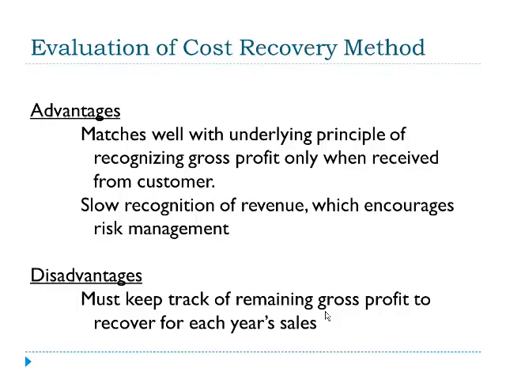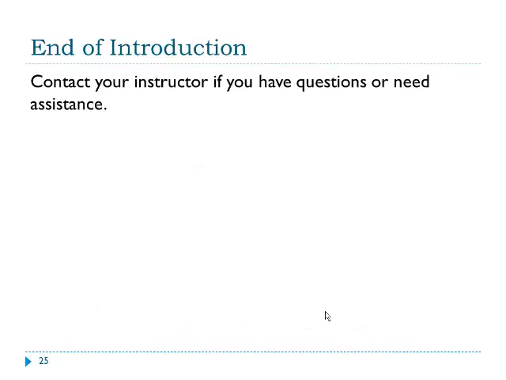To evaluate this method, the cost recovery method matches well with the underlying principles of recognizing gross profit only when received from customers. It's a slow recognition of revenue which encourages risk management by companies. The disadvantage here is that you must keep track of that remaining gross profit to recover for each year's sales. So there's a relatively high information processing cost burden.